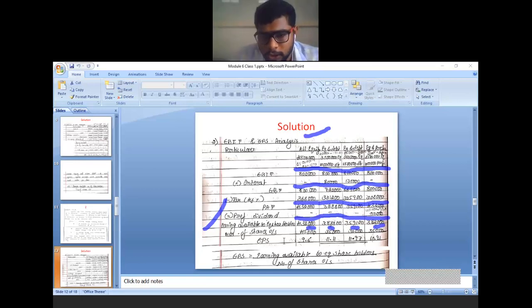Remember, this is not 45,000 amount, this is 45,000 shares. In the second plan, 35,000 shares, third plan 30,000 shares, and fourth plan 35,000 shares. Already I have explained in the previous slide. Then divide earning available to equity shareholders, 4,32,000 divided by 45,000. So 9.6 in the case of first plan, second plan 11.11, third plan 11.97, and fourth plan is 10.91.